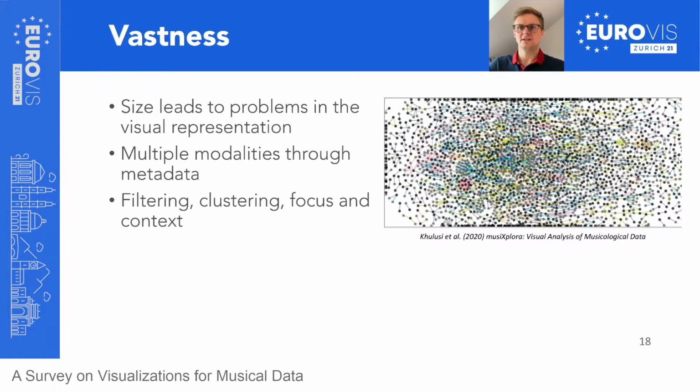Vastness of data, when not handled correctly, leads to a loss in usefulness for visualizations. This is only increased by complex and multimodal data. These mundane systems could often be improved through means of filtering, clustering, and a combination of focus and context, or specialized techniques like edge bundling for network graphs.